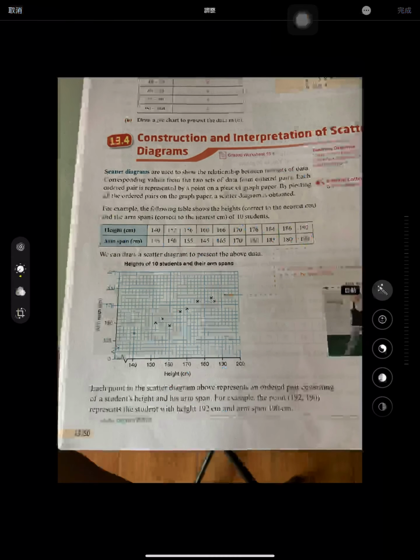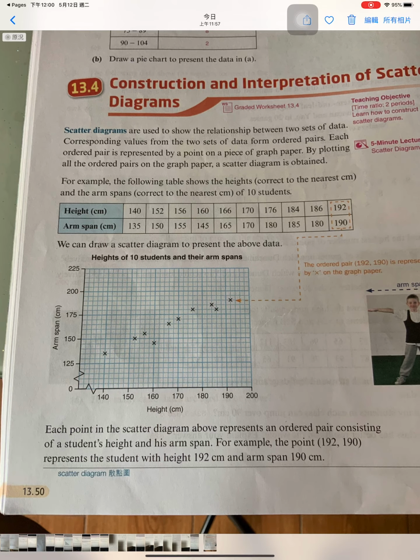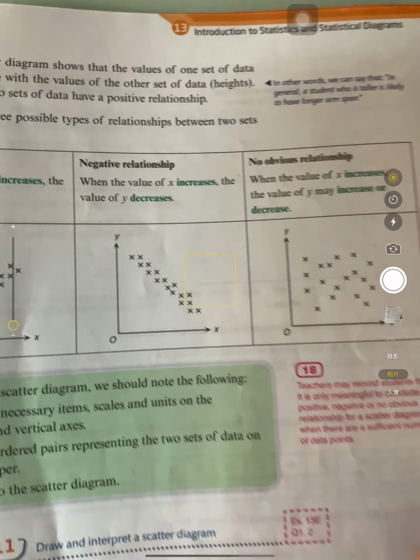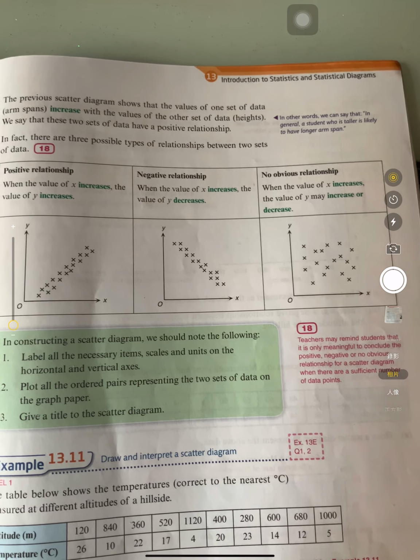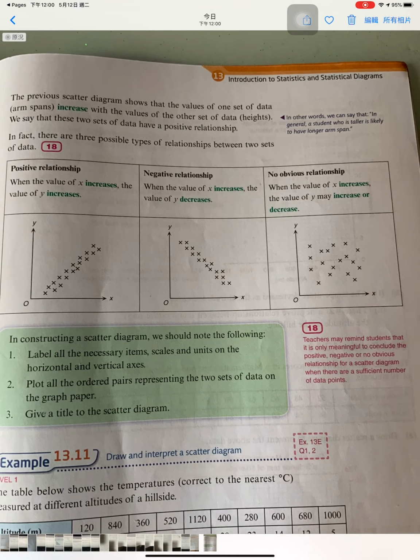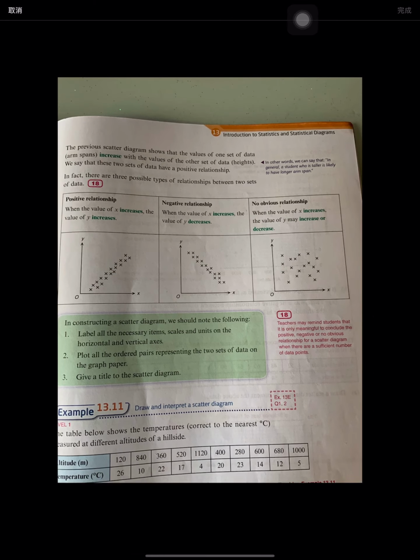So I'm going to show what a negative relationship is. In your books, I've already shown the negative relationship on page 51, so I'm going to use this page to talk about it.